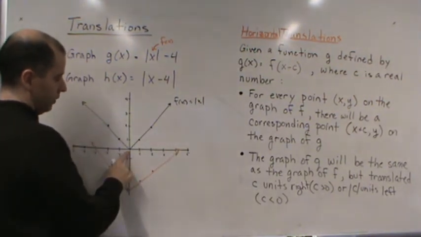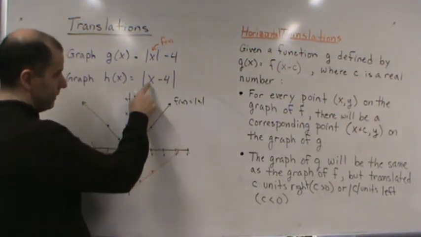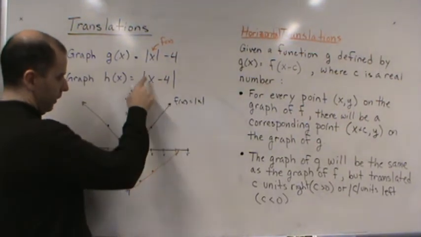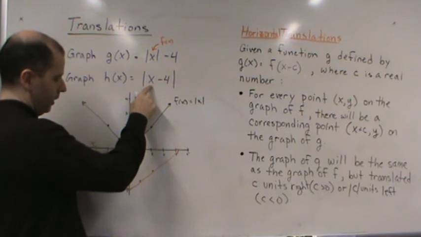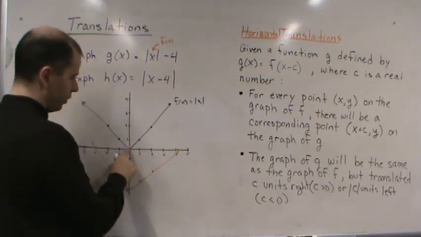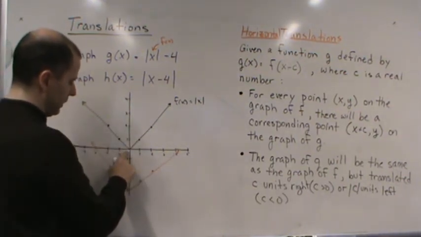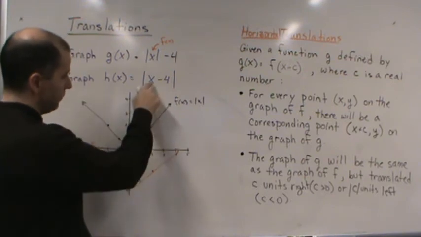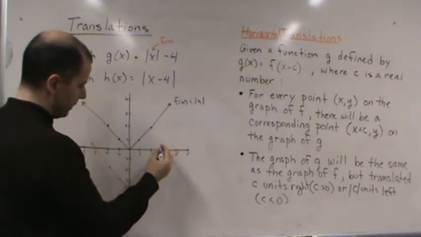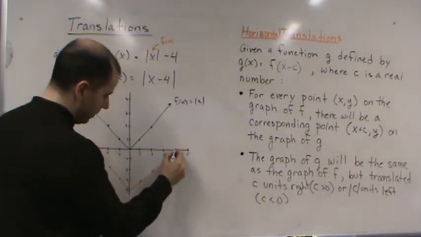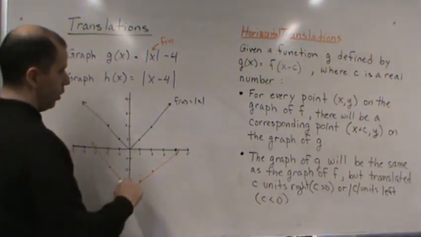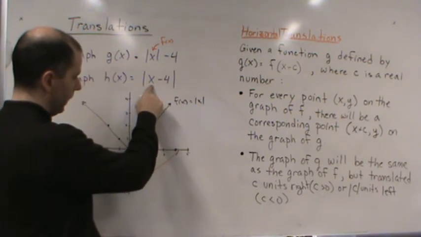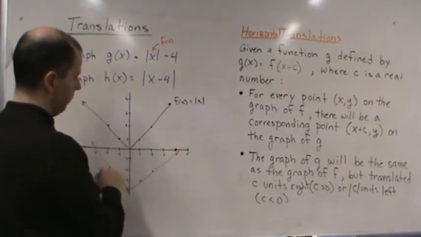Well, if I want this to be 0 in here, what would x have to be? x would have to be 4. So in order for y to be 0, x has to be 4. That means I'm going to have a dot there. At x equals 4, y is 0.